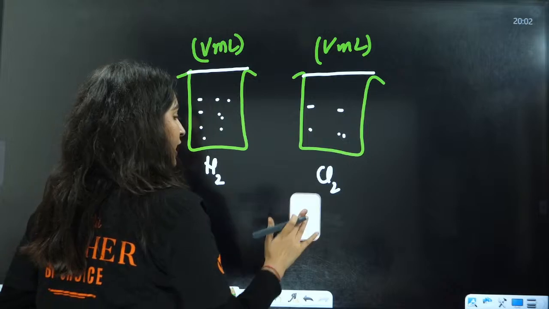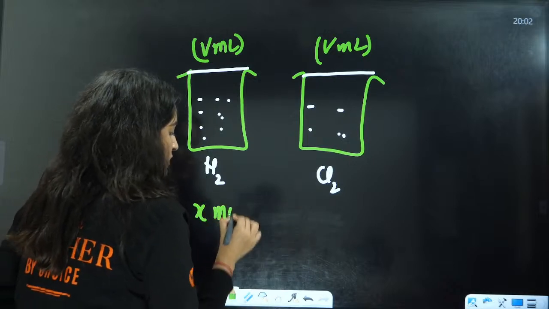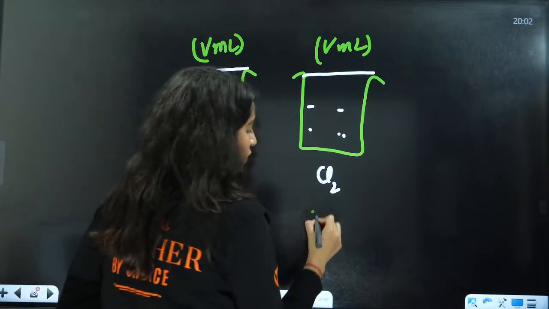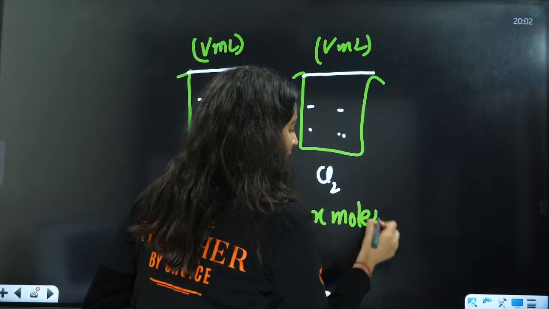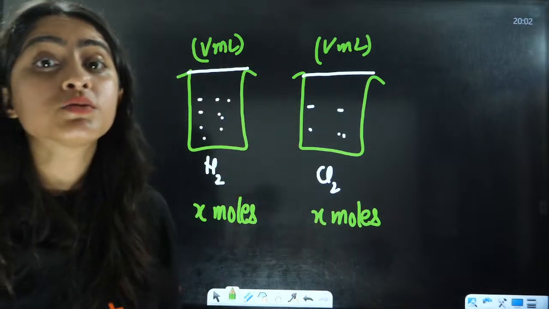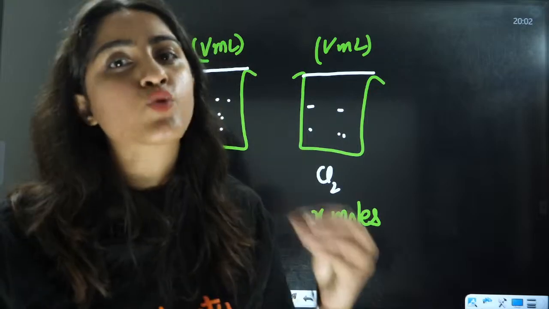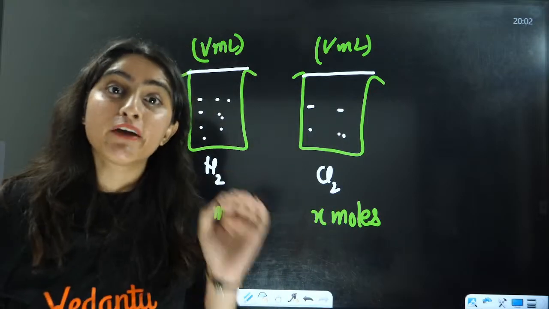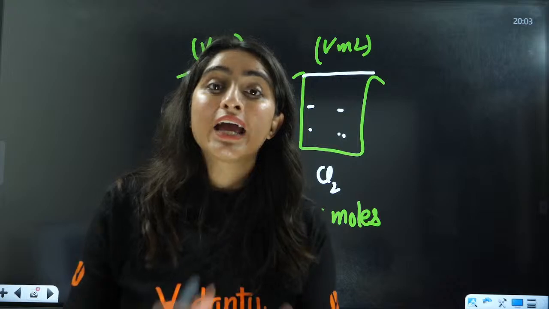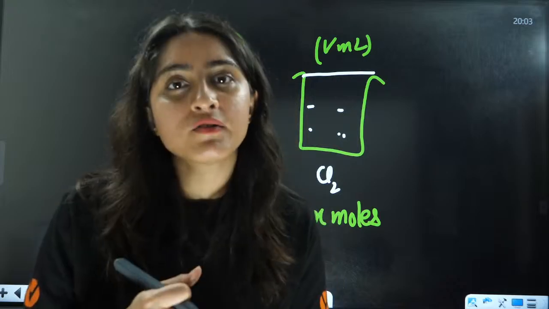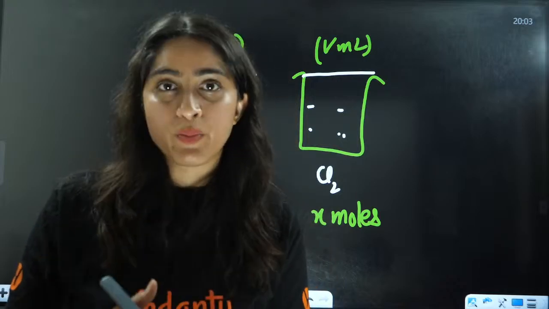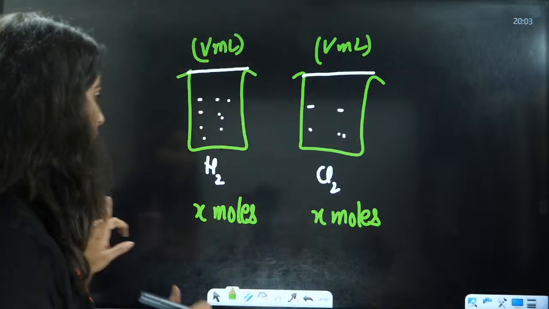If it is having X moles here, this is also going to have X moles, right? If the volumes are the same, the number of moles is going to be the same, even for different gases.